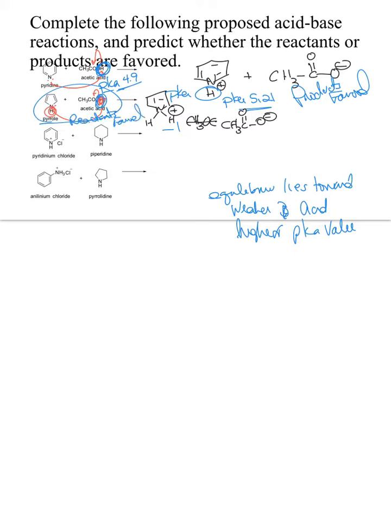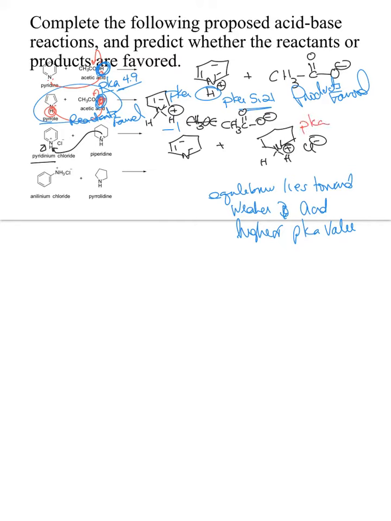All right. The next one, you have pyridinium chloride and piperidine. So it's these lone pairs on the piperidine that are going to deprotonate that proton. So when you draw your product, you take the proton off of pyridine and you add it to piperidine. Piperidine is a strong base because it's an aliphatic amine.